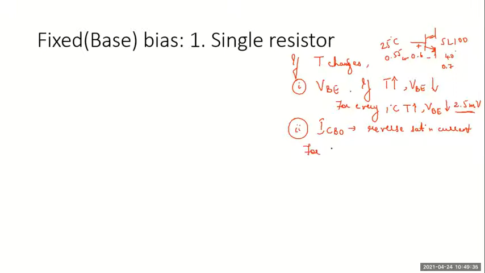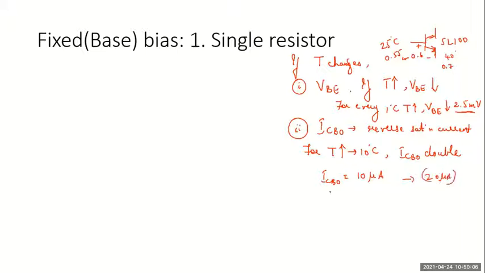For every 10 degrees centigrade rise in temperature, this reverse saturation current will double. So during winter, if this transistor had a reverse saturation current of say 10 microampere, during summer this would become 20 microampere.